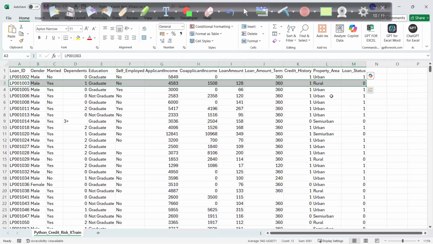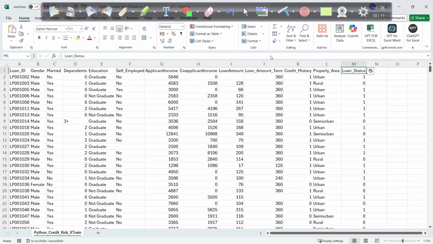Whether you are a graduate, will you have a higher chance? Or if you are not a graduate, then you have a higher chance of getting a loan. So I need to analyze all these columns considering which type of customer got the loan and which type of customer did not get the loan.